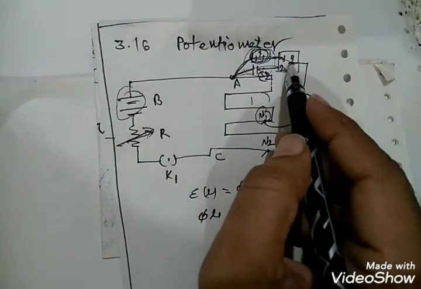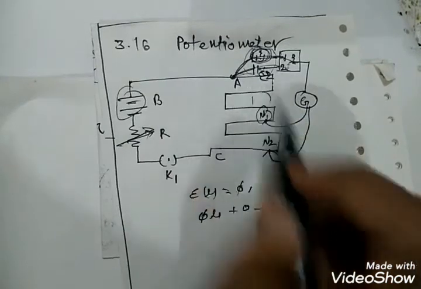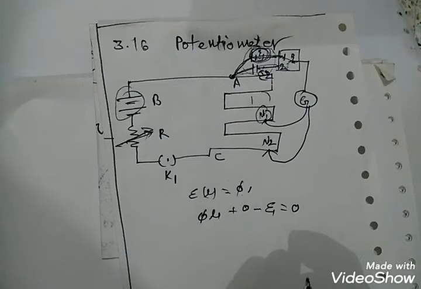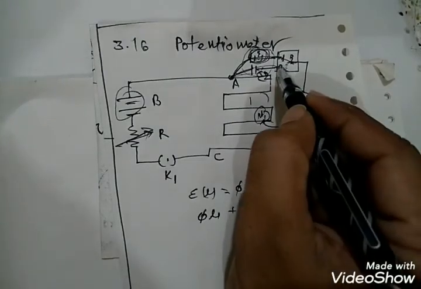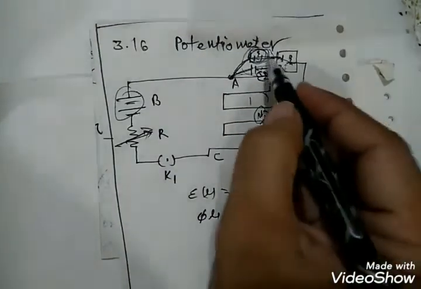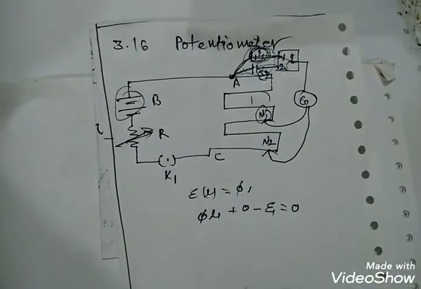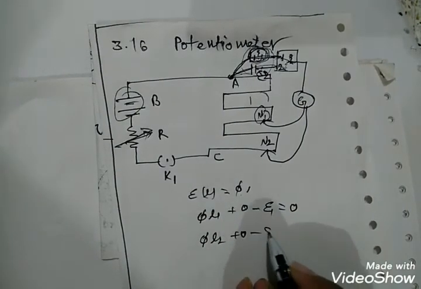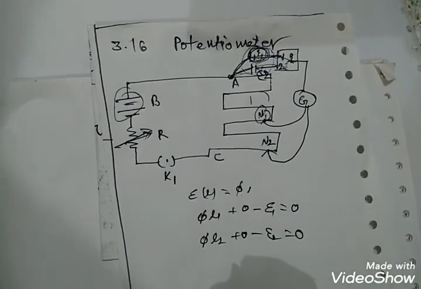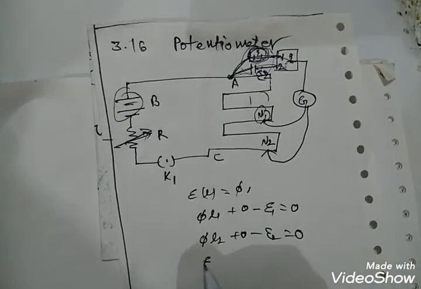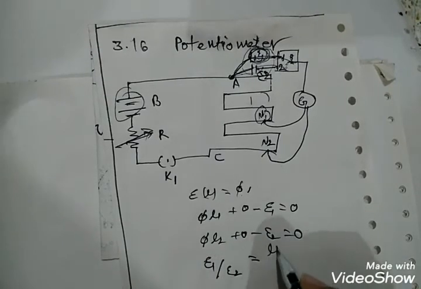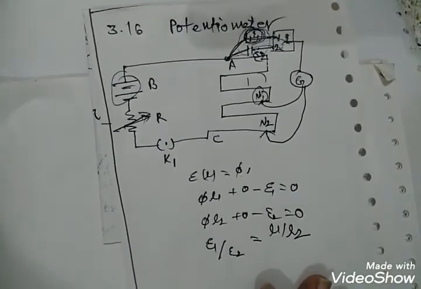Similarly, for the second case, when the other cell is balanced, now 2 and 3 are connected and 1 and 3 is open. For the second case, phi L2 plus 0 minus E2 is equal to 0. From these last two equations, E1 upon E2 is equal to L1 upon L2.